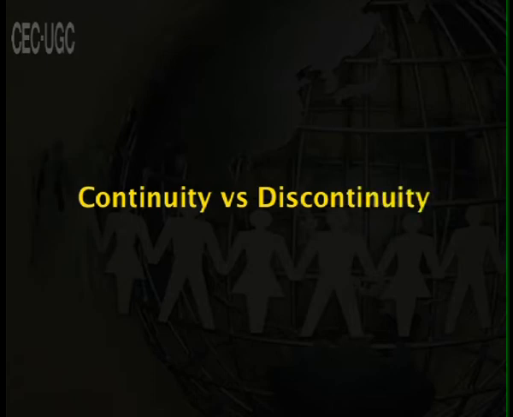Coming to the second issue of human development, continuity versus discontinuity. What is it? Let us see. This issue refers to whether development unfolds in a smooth, gradual way over time or whether there are abrupt shifts in development that lead to big jumps in what people can do over a fairly short period of time. On one end of the spectrum is the view that development unfolds slowly but continuously at a fairly consistent pace.